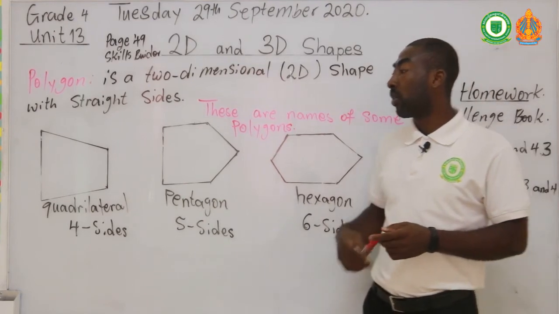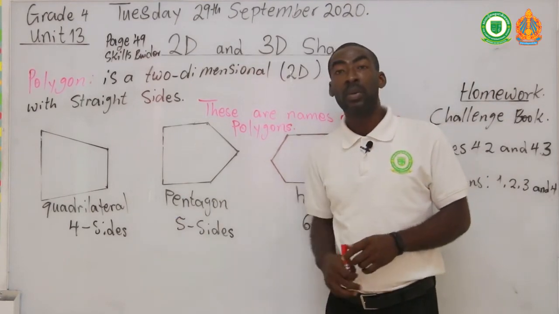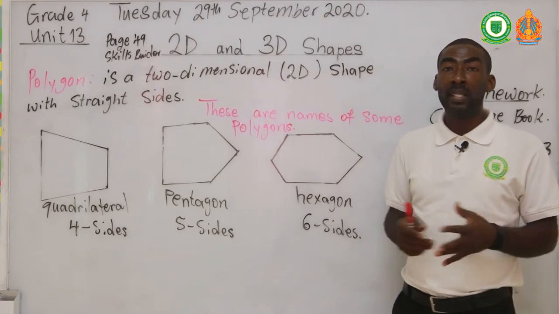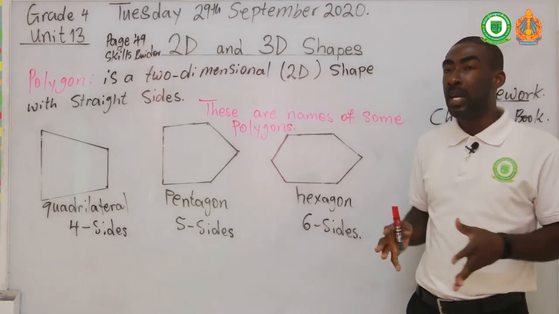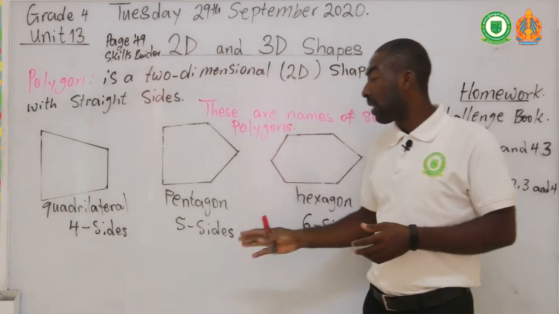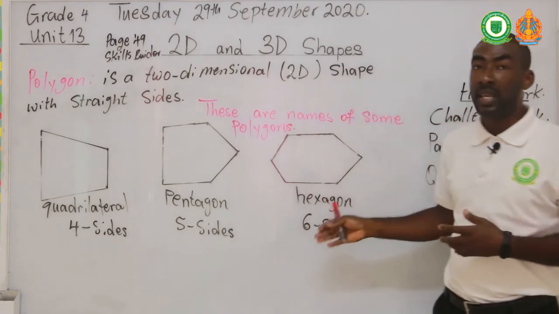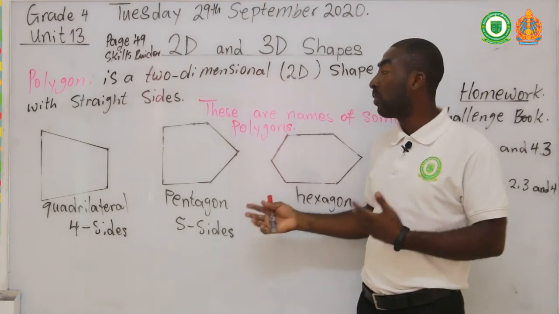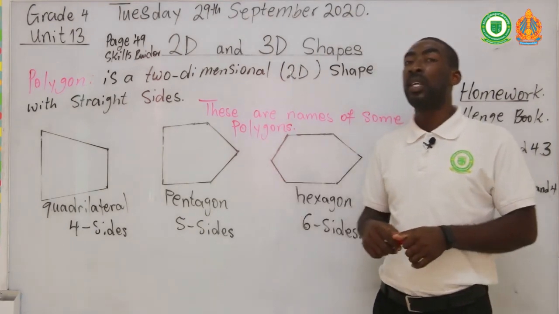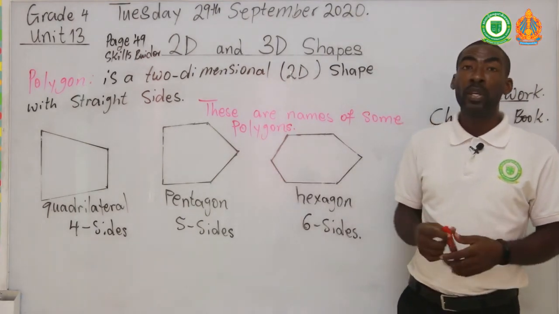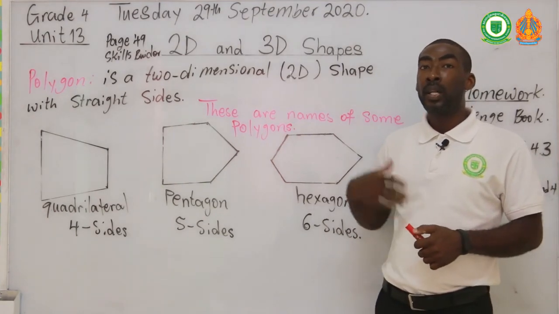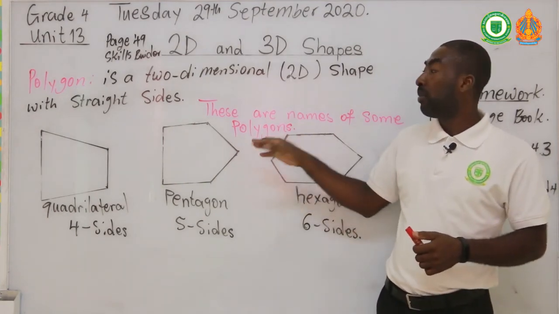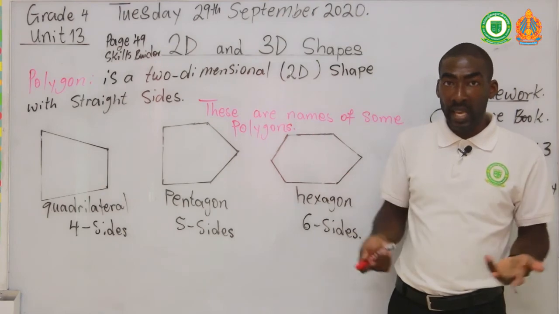And first we talked about a quadrilateral, okay? So a quadrilateral means a shape that is having 4 sides. Pentagon is having 5 sides, whilst a hexagon is having 6 sides, okay? The list continues in your textbooks. So I am sure at this point you have also discovered the other names of polygons that we have.